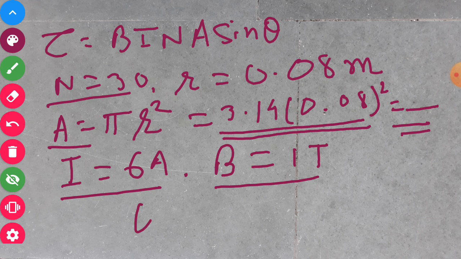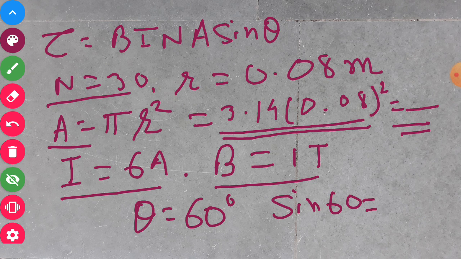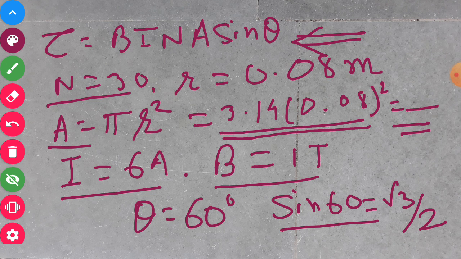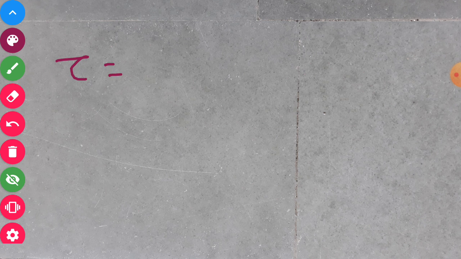And theta is also given, that is 60 degrees, so sine 60 you can take as root 3 by 2. Now all these values you can substitute in this particular equation and you can get the answer for the torque, and that torque is found to be 3.13 Newton meter. If you simplify, you can easily do it.